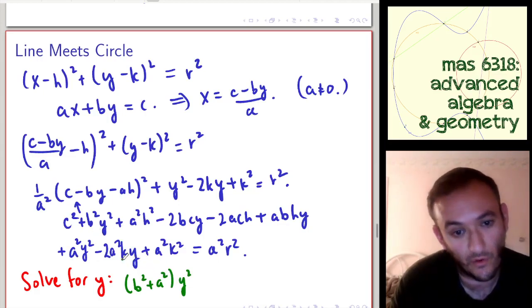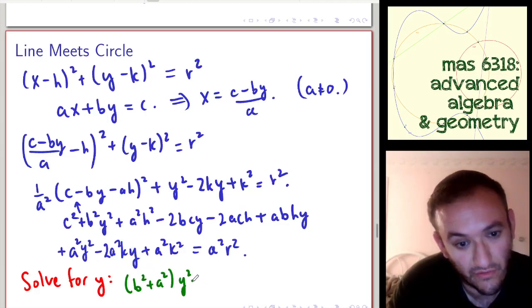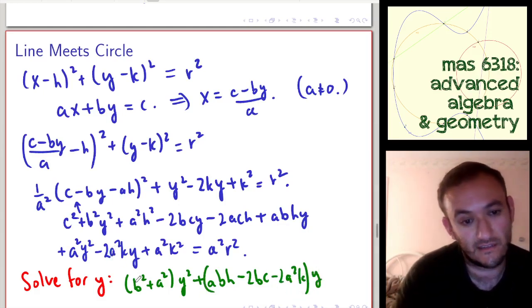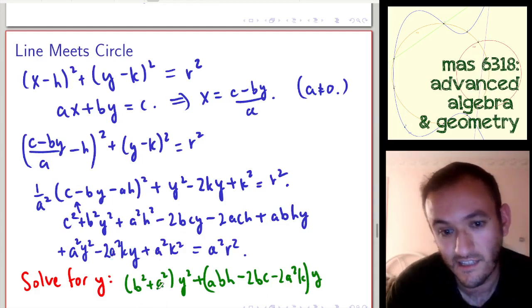Now let's look for the y terms. We have plus (2abh minus 2bc minus 2a squared k) all times y, and then the rest is the constant term in this equation.